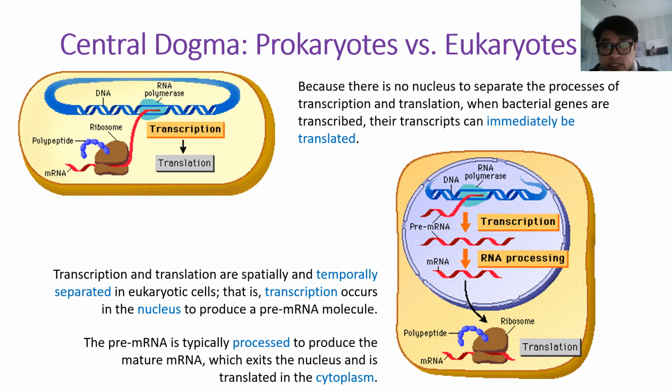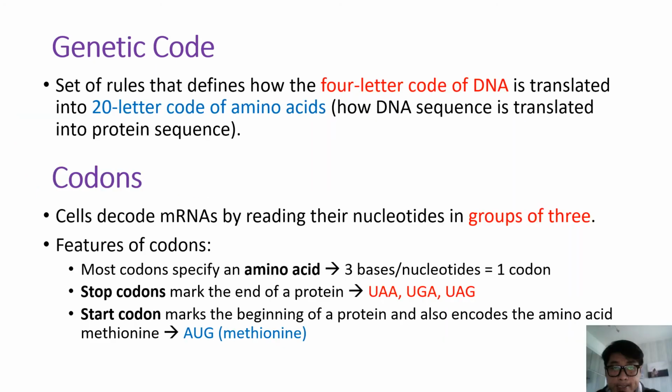The transcription happens in the nucleus, and after the transcription, the mRNA produced will be transported out to the cytoplasm for the next process. We call it the translation process. Okay. All right. Next, we move to another slide.